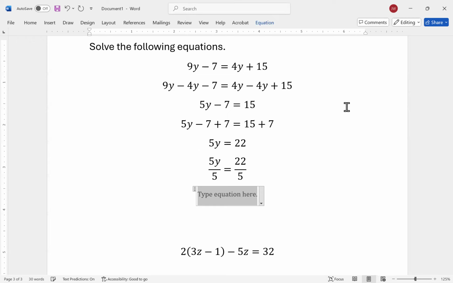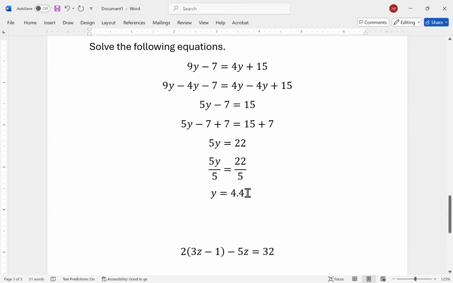So that gives me y equals, and this depends on how it asks for the answer. If it asks for a mixed number, it'd be 4 and 2/5. If it asks for an improper fraction, it would be 22 over 5. If it asks for a decimal, the decimal version would be 4.4.